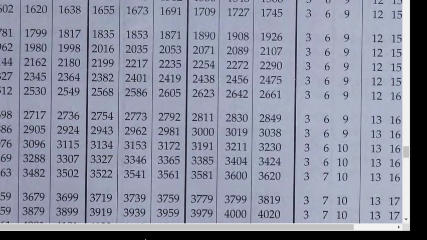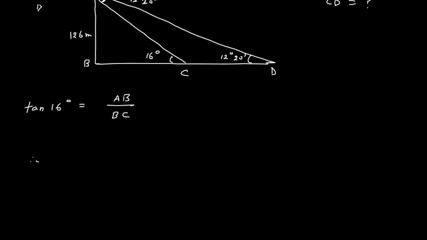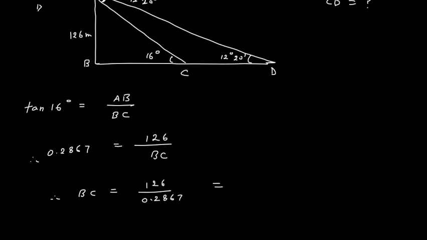So I have 0.2867 is equal to the value of AB, which is 126, upon BC, which I have to find out. So therefore BC will be 126 divided by 0.2867. Now I will round this off up to 2 decimal places. So I will say that this is 126 divided by 0.29.